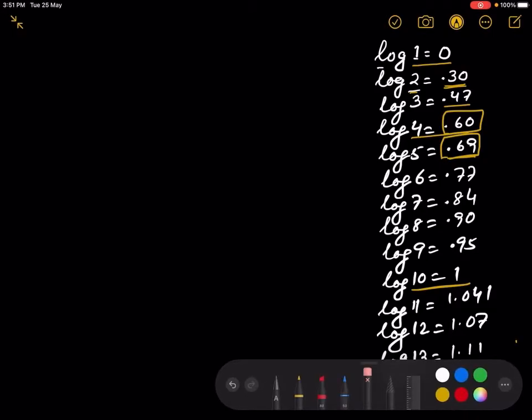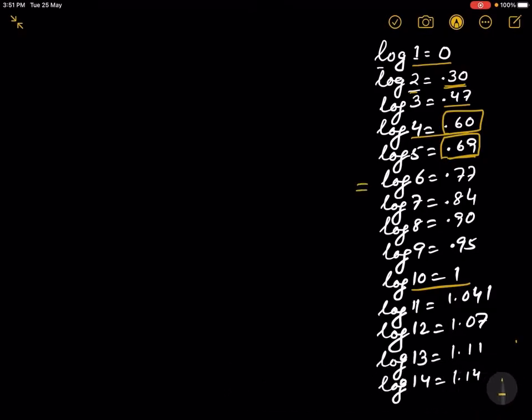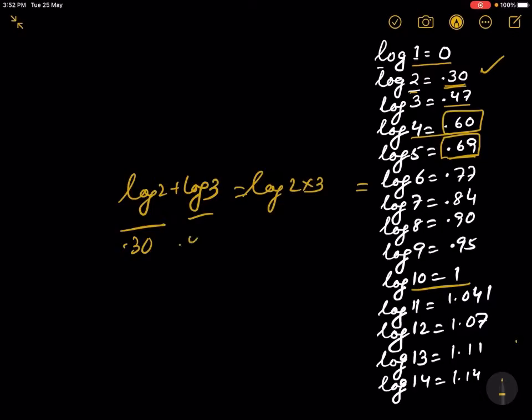Log 6 is equal to log 2 into 3, or you can say log 2 plus log 3. Log 2 is 0.30, log 3 is 0.47. Just adding 0.30 with 0.47 we get 0.77. Then log 7 is 0.84, log 8 is 0.90, log 9 is 0.95, log 10 is 1, log 11 is 1.041, log 12 is equal to log 3 into 4, or you can say log 3 plus log 4.